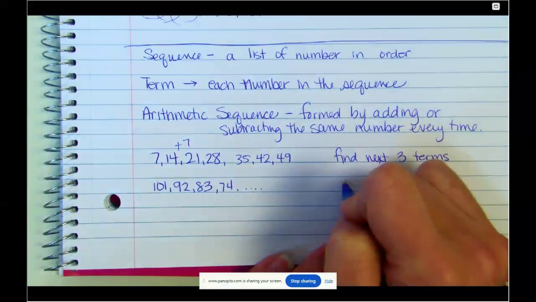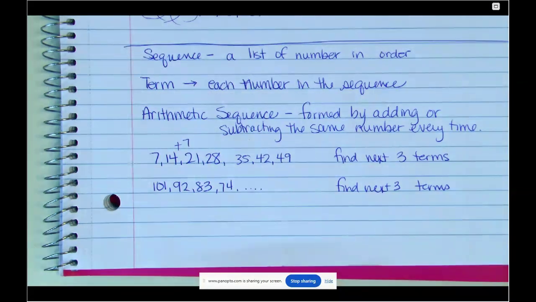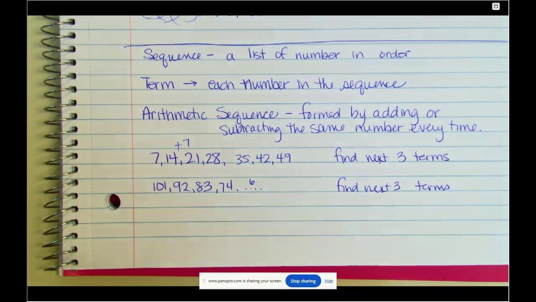Okay, I'd like you to find the next 3 terms. Okay, what's the next one? 65.